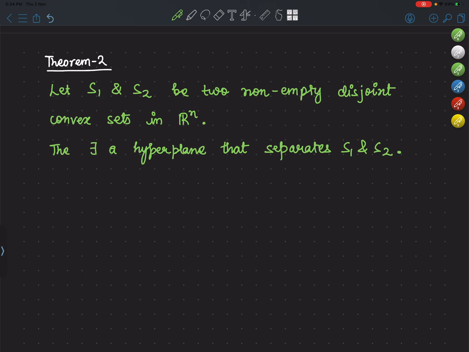Basically what this is saying is that if there are two non-empty disjoint convex sets, then there always exists a hyperplane that separates S1 and S2.